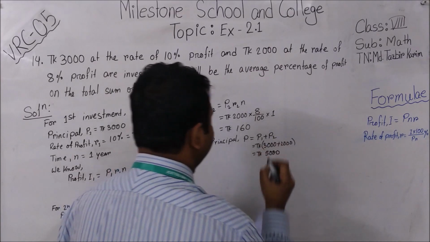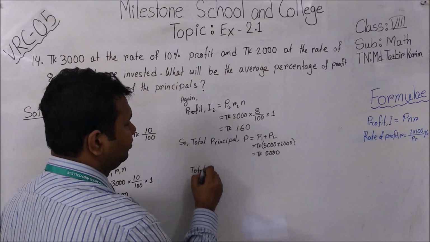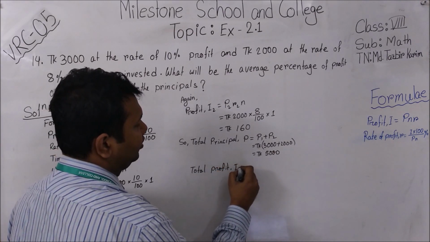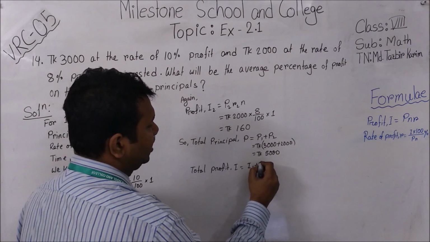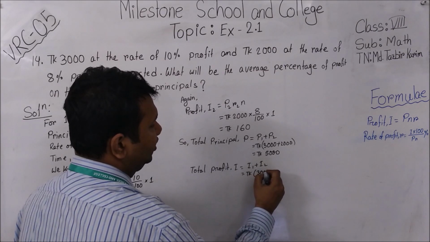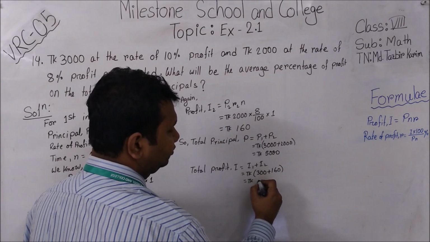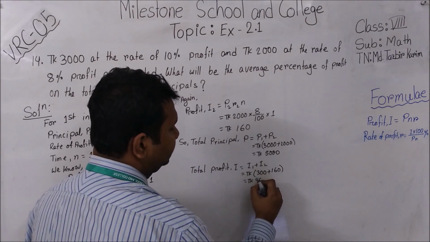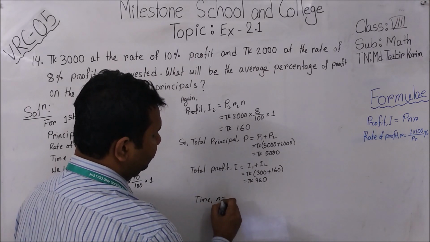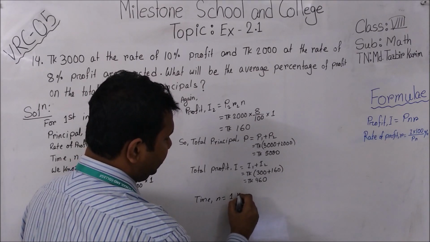That is your total investment. Total profit I equal to I1 plus I2, that equal to taka 300 plus 160, that is taka 460, time n equal to, we know, 1 year.